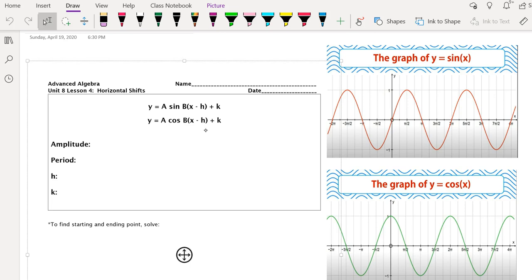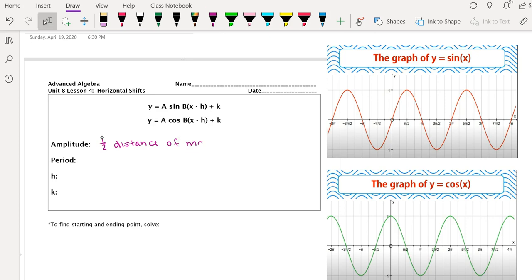So amplitude, remember, is half the distance between the max and the min. Also known as A, and the amplitude is equal to the absolute value of A because it can be up or down, but it's half the distance, and distance we measure as a positive value.